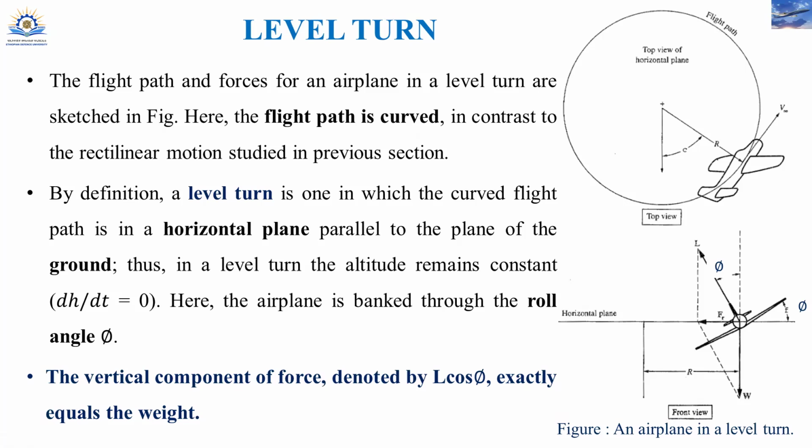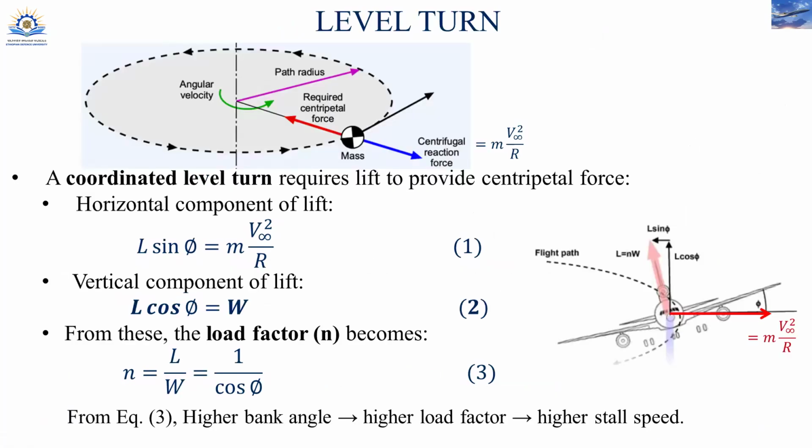We have the y-axis, x-axis here, and weight is here, and lift, and it performs phi angle. So you can resolve this into vertical and horizontal. The vertical component of lift, about this adjacent, is cos phi. So W is equal to L cos phi is the level turning condition.